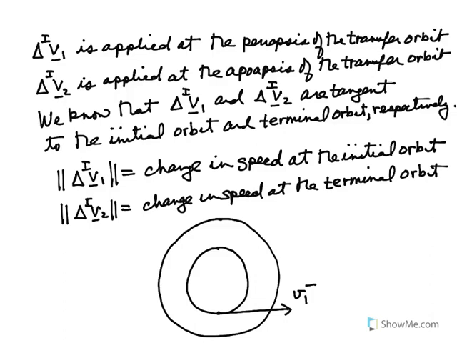That's the speed on the initial orbit before the application of the first delta V. But because the delta V is tangential, V1 plus, or the velocity I should say, leads to a, maybe we'll just leave it as a velocity for right now, so that we have this in terms of vectors. So this is V1 minus I, and this is V1 plus I.